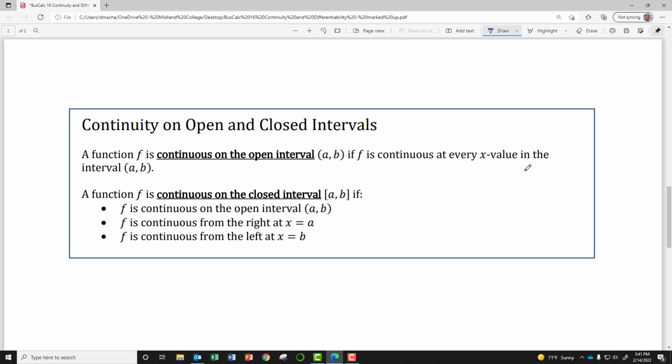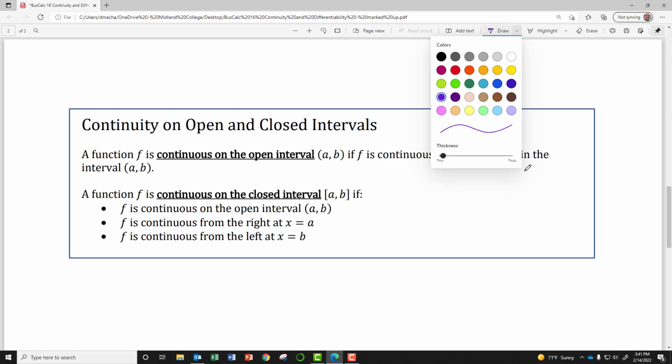Likewise, a function f is continuous on the closed interval between a and b if f is continuous on the open interval between a and b, and f is continuous from the right at the lower bound a, and continuous from the left at the upper bound b.